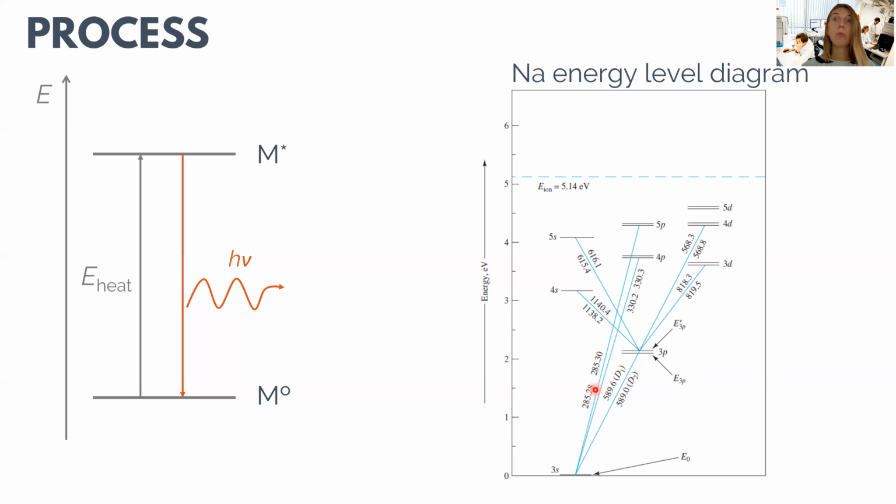On the example of sodium here, we can see that some of the most energetic quanta that can be released have a wavelength of 285, but there are also quanta which are much lower in energy, so longer in wavelength, for example, 589 nanometers. So for each element, there can be multiple emission lines observed in the spectrum, and also multiple emission lines can be used in the spectroscopy.